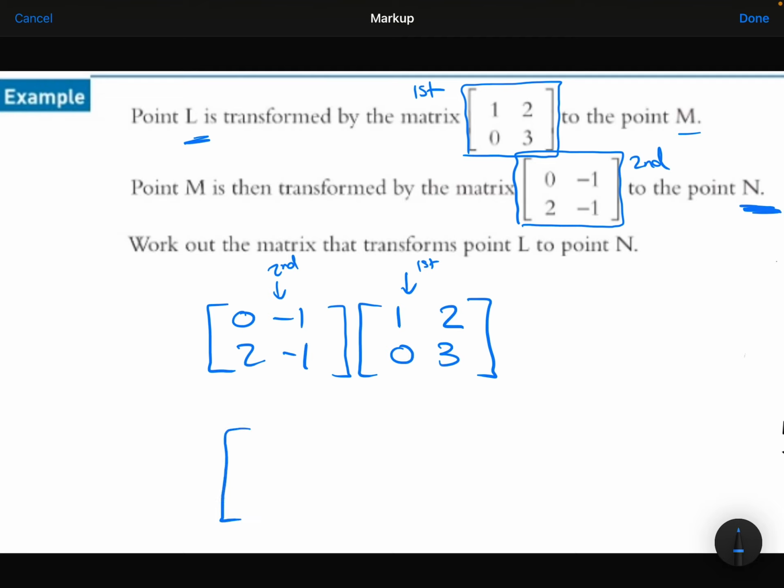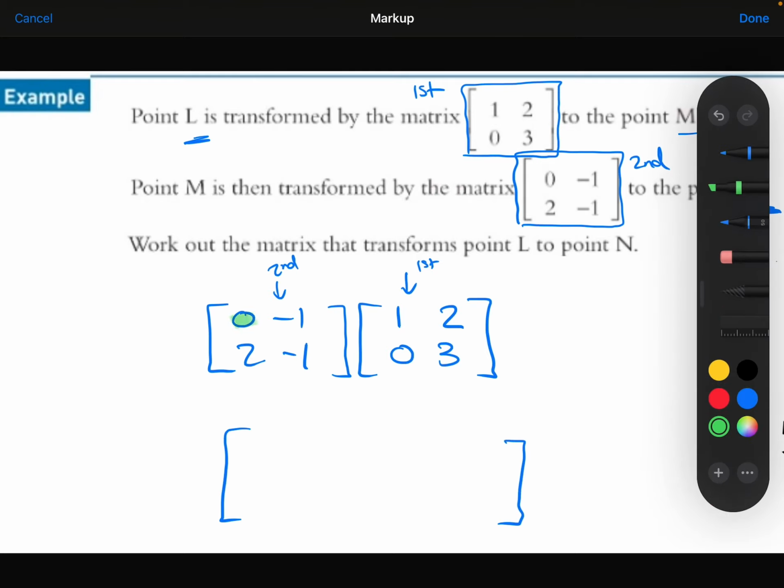So we are going to have 0 times 1 plus minus 1 times 0. So that's just going to be 0. We are then going to have 0 times 2 plus minus 1 times 3. So that's just going to be minus 3.